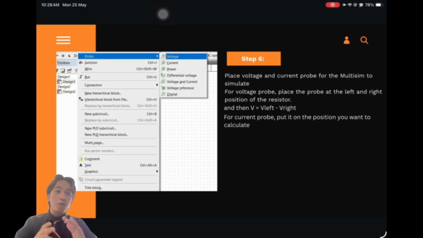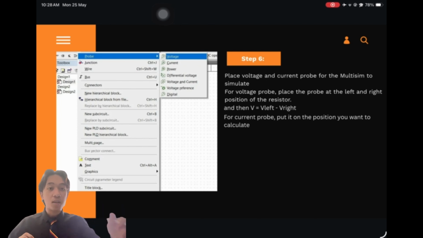Now we're moving on to step 6. In step 6, we have to place the voltage and current probes onto our circuit. For the voltage probe, we place the probes at the left and right positions of the resistor. To calculate the voltage, we take the value of the probe on the left minus the value on the right, and then we get the voltage on that specific resistor.